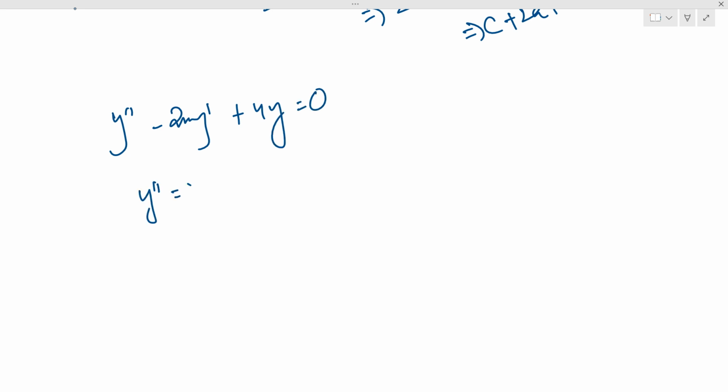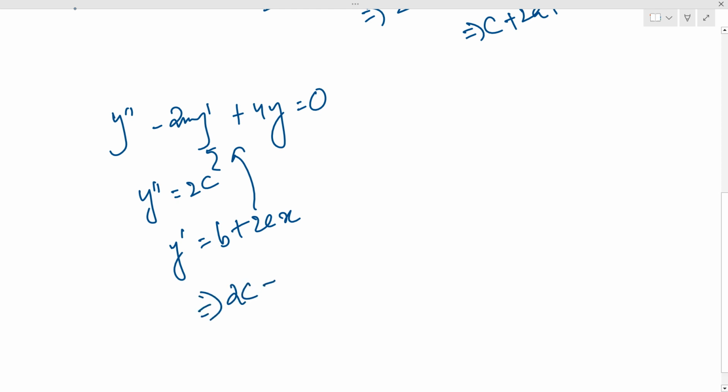The equation was y double dash minus 2xy dash plus 4y is equal to 0. So y double dash we got 2c, y dash is equal to b plus 2cx. So let's put it here.